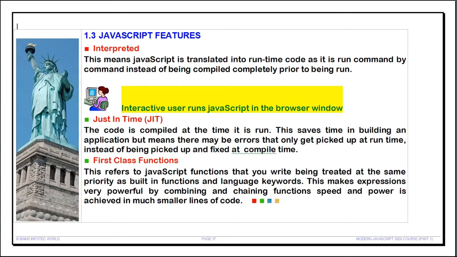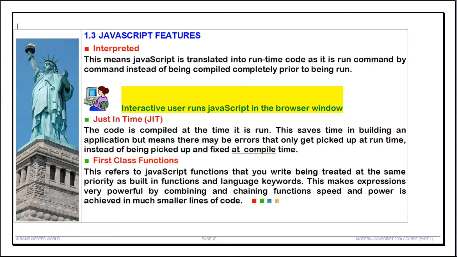This is comparing it to other programs like Java or C++, where you have to compile the source code into an executable file before it can be run. With JavaScript, it can be run just from a pure text file. You don't need an executable file.